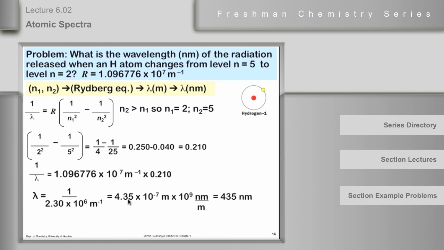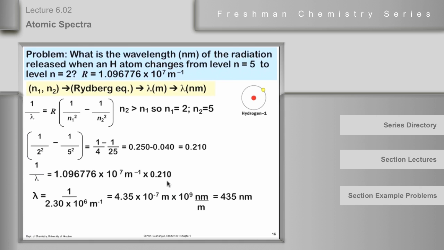And if we evaluate that, take the reciprocal of this number, we get 4.35 times 10 to the negative 7. And that's in meters now. Convert it to nanometers, multiply by 10 to the 9 nanometers over meters. And this turns out to be one of the lines, 435, I think I guessed at 432 or something like that, in those 4 lines of the visible spectrum of hydrogen.